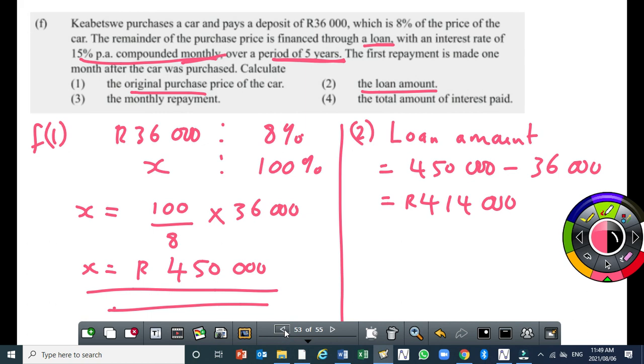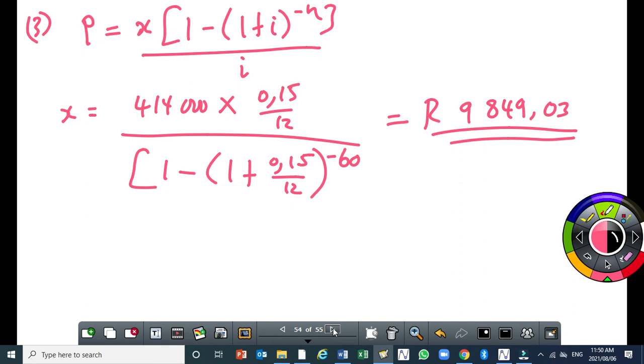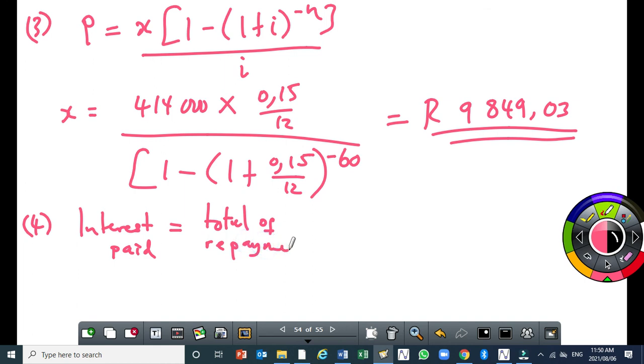The last one says the total amount of interest paid. Now this is so simple. Once we get that X value, the interest paid will be equal to the total of loan repayments minus the value of the loan.